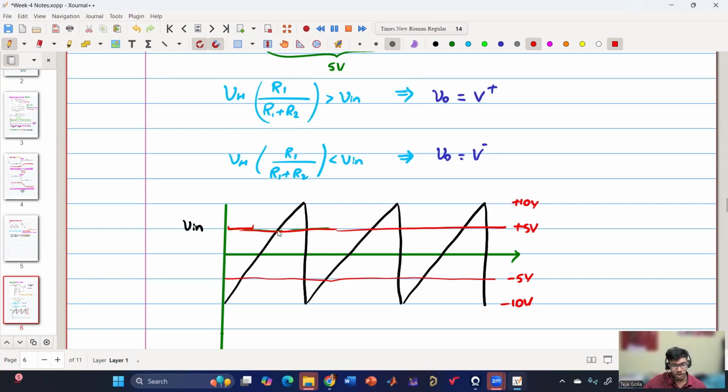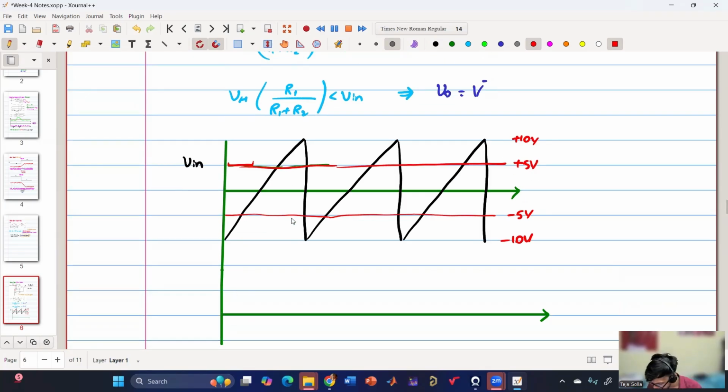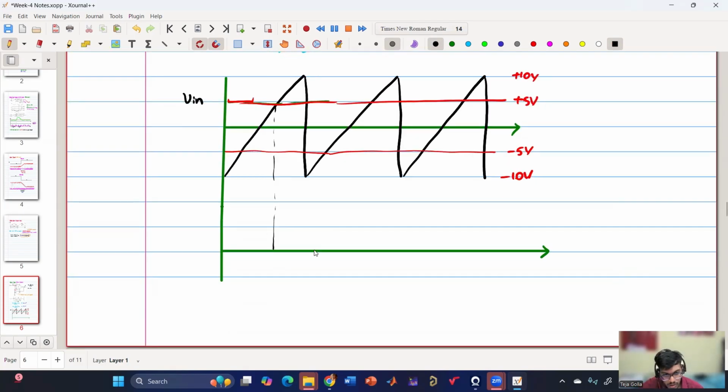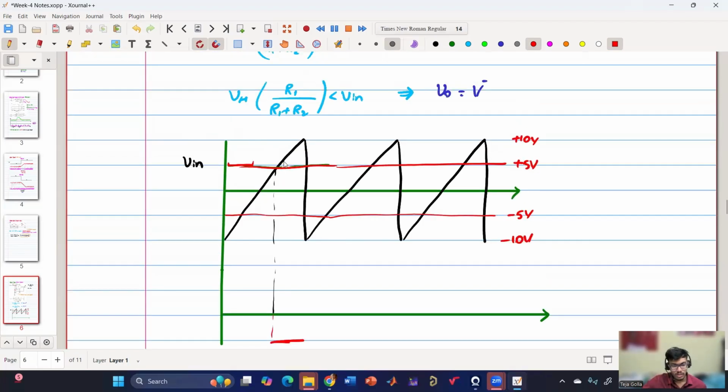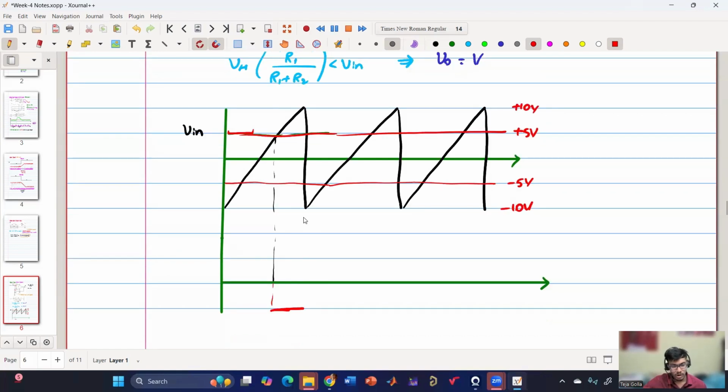So once it crosses this 5 volt, the output will be negative, right? And until here, it is above the 5 volt, so it stays negative.